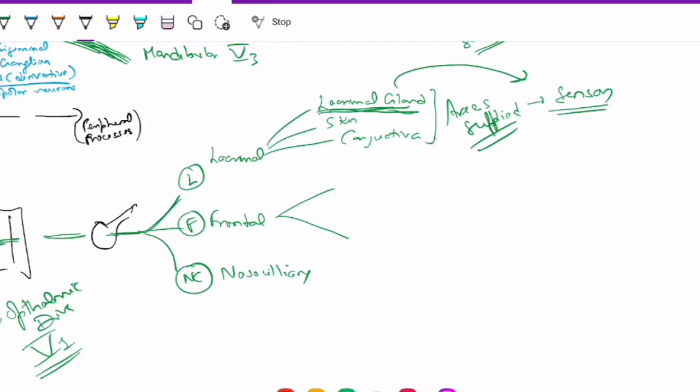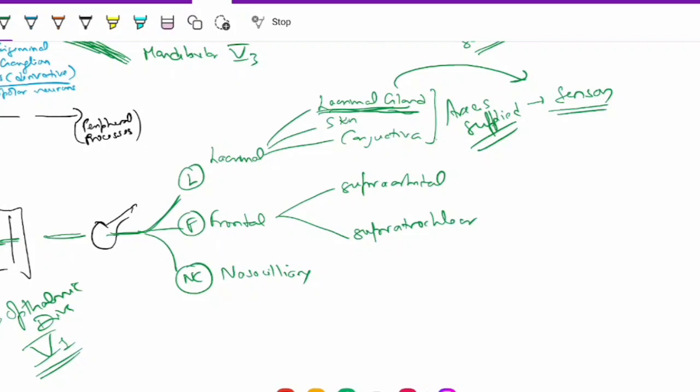Now getting on to frontal. Frontal has two branches. One is supraorbital, another is supratrochlear.